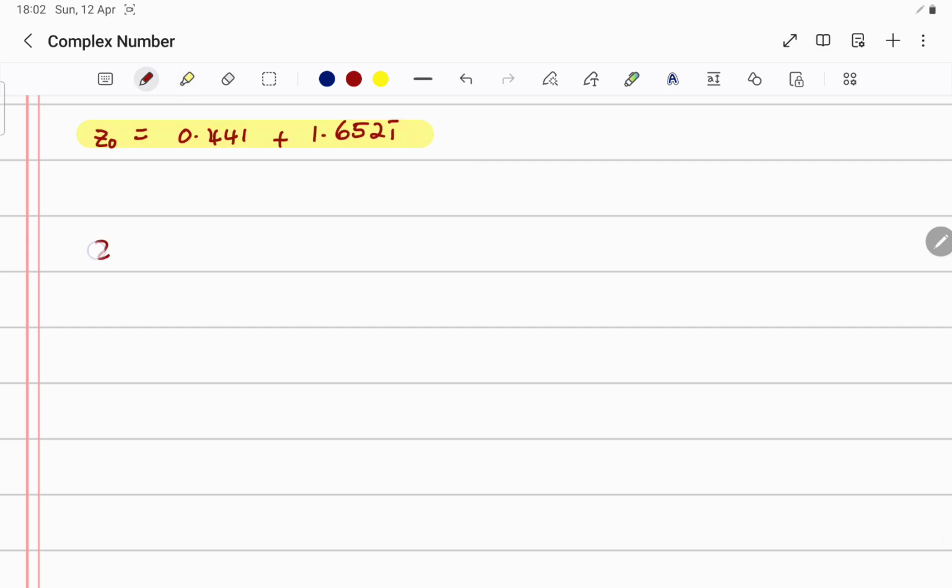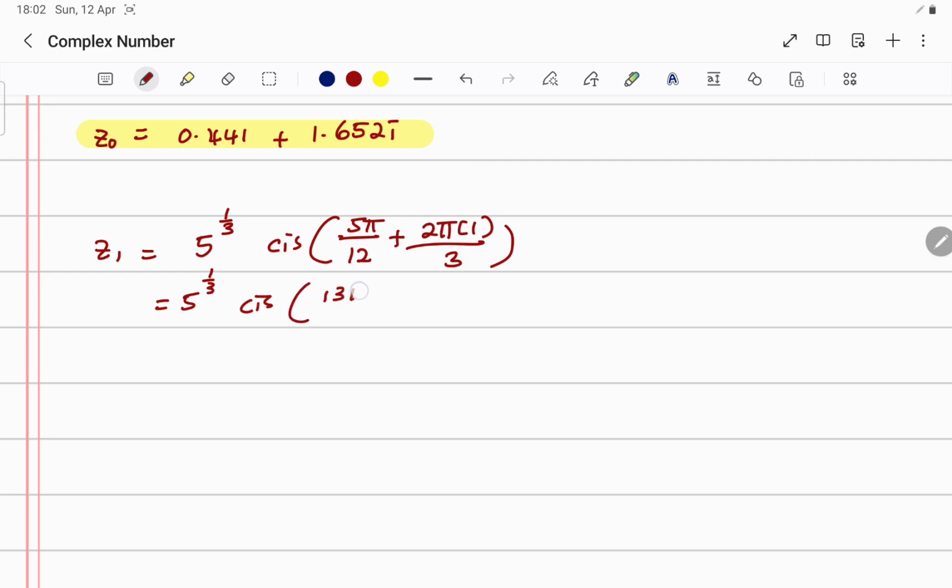I mark this first. So now you can do z1, which is equal to 5^(1/3) cis 5 pi over 12 plus 2 pi multiplied by 1 divided by 3. Here you will get 5^(1/3) cis 13 pi over 12.